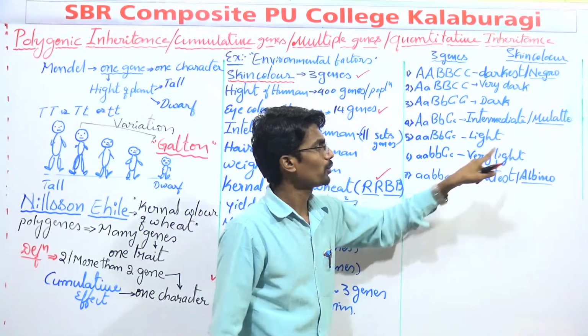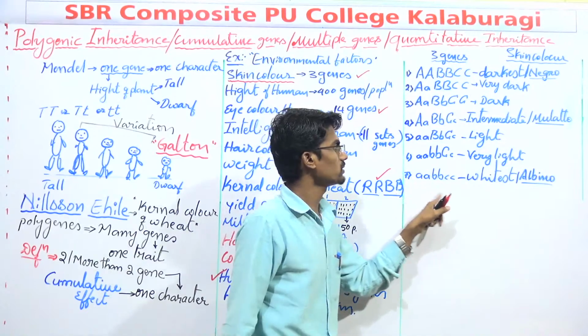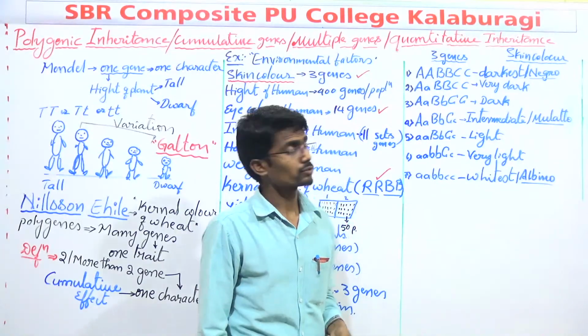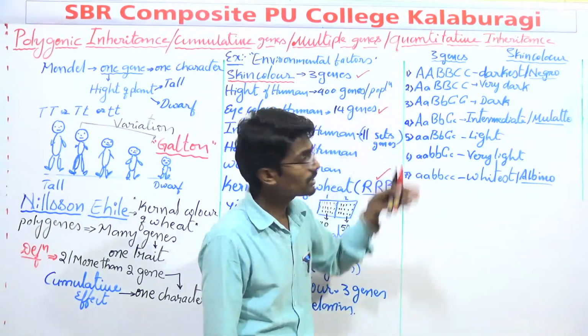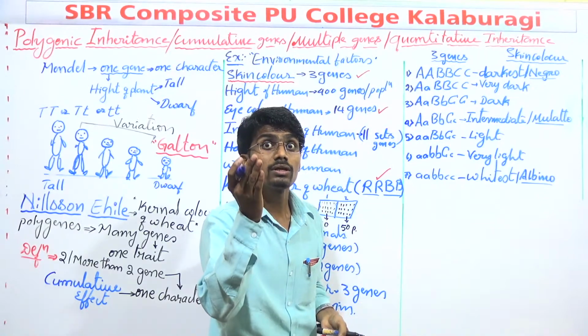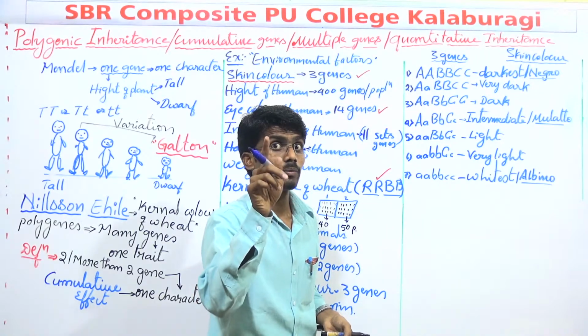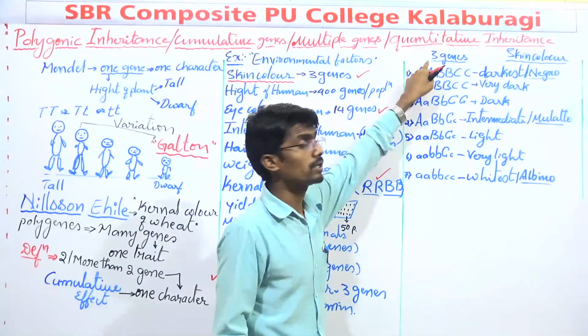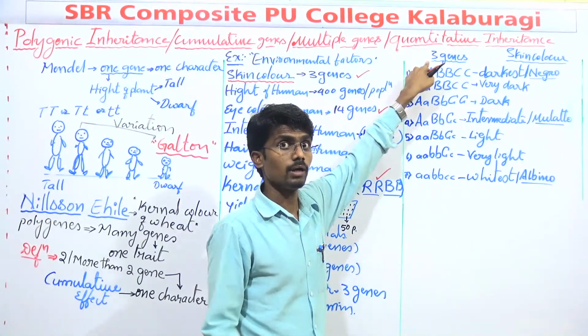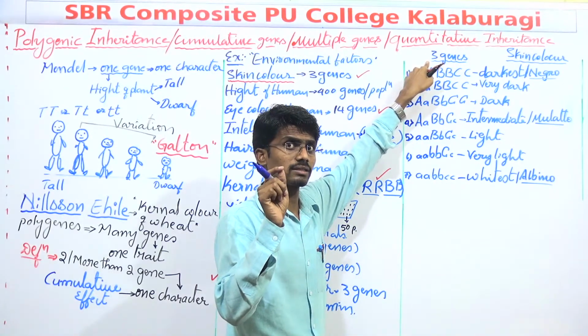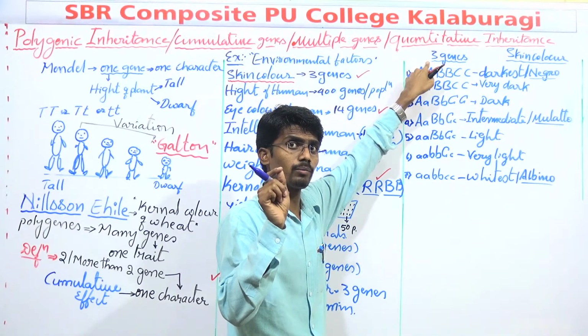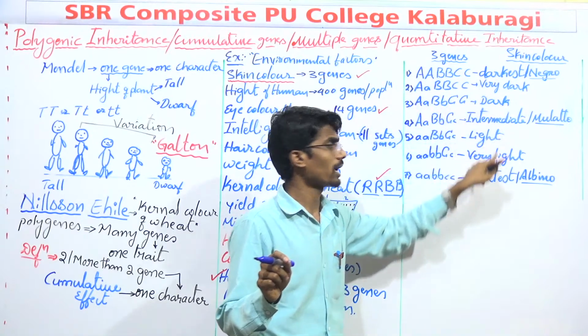That's why they are known as very light. If all are recessive, they become albino. Dear students, how many skin variations are present? 7 skin variations take place with only 3 genes. Out of 3 genes, there are 6 alleles, and each allele contributes a certain phenotype.